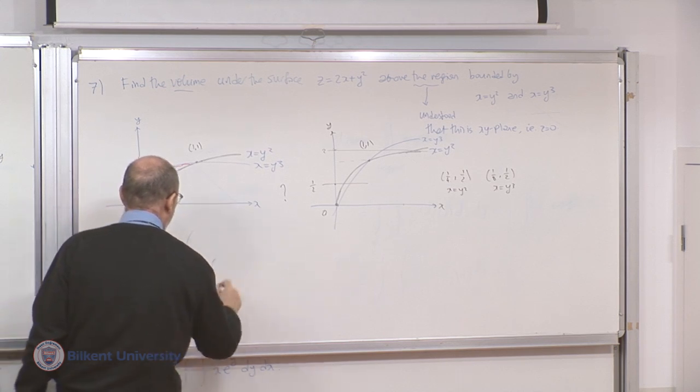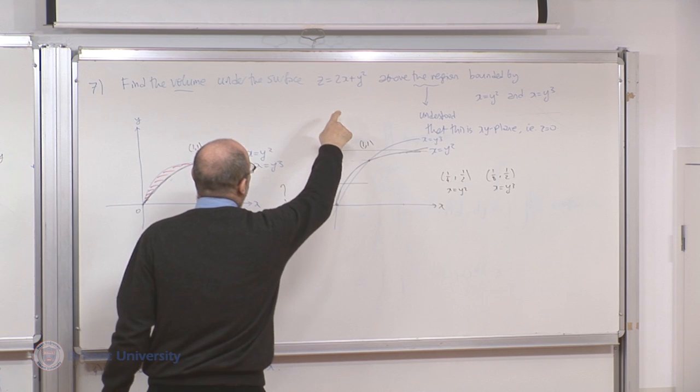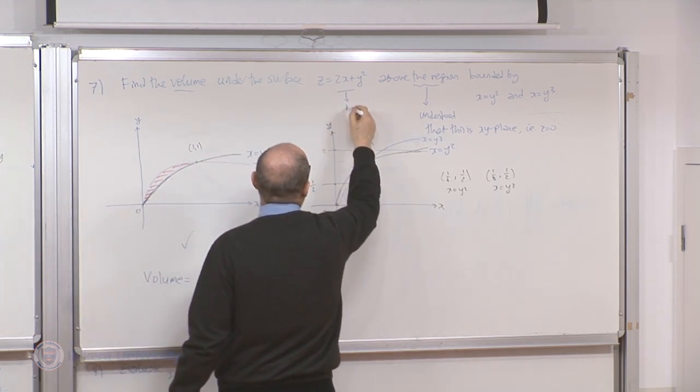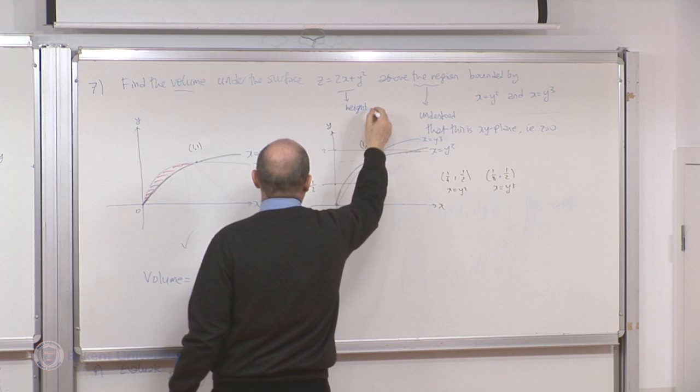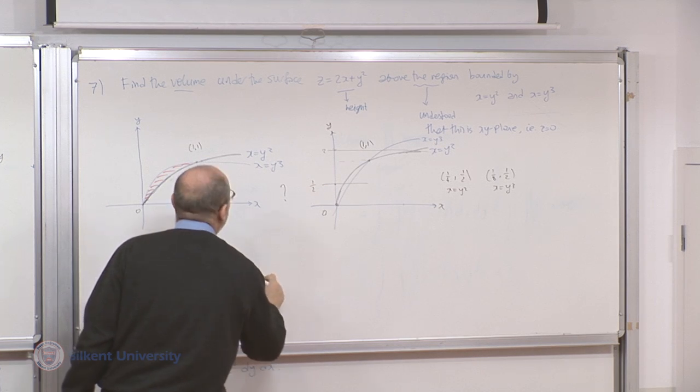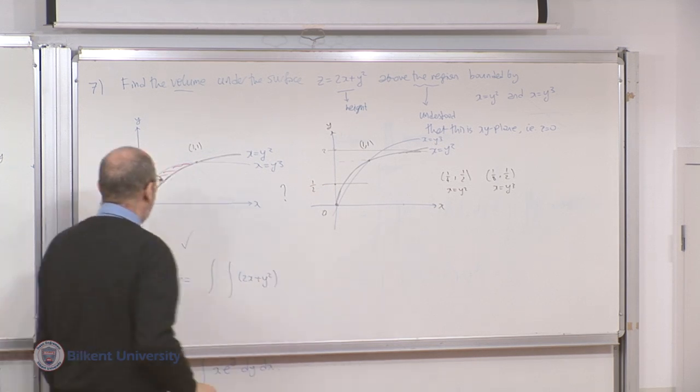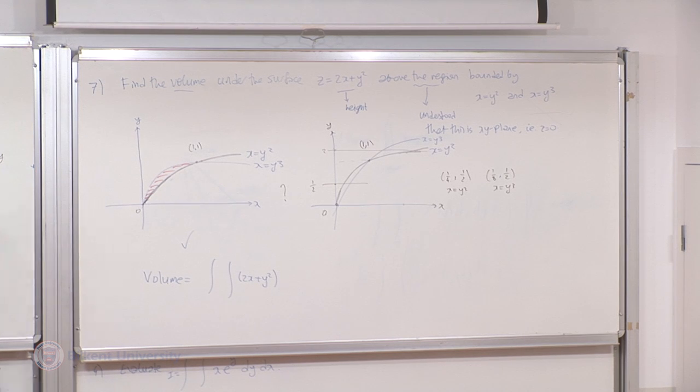So volume is equal to the double integral. This is the height function. Height is 2x plus y squared. Obviously, it doesn't matter whether I integrate with respect to x or y first, because it's a polynomial; both ways, I can find an antiderivative.